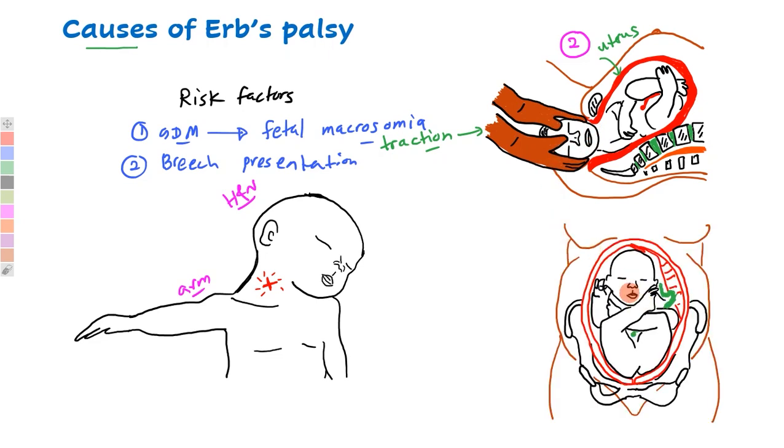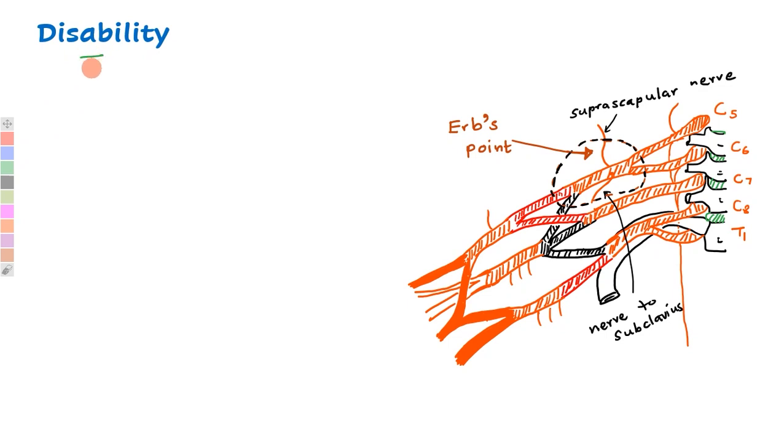But in a breech presentation, the baby is lying in longitudinal lie, but instead of the head, the buttock or the feet will be facing the vagina. So, this is called a breech presentation. If the baby is in a breech presentation, as you can see, the vaginal delivery will be difficult. So if we are delivering this baby vaginally, that can also be a risk factor to have Erb's palsy.